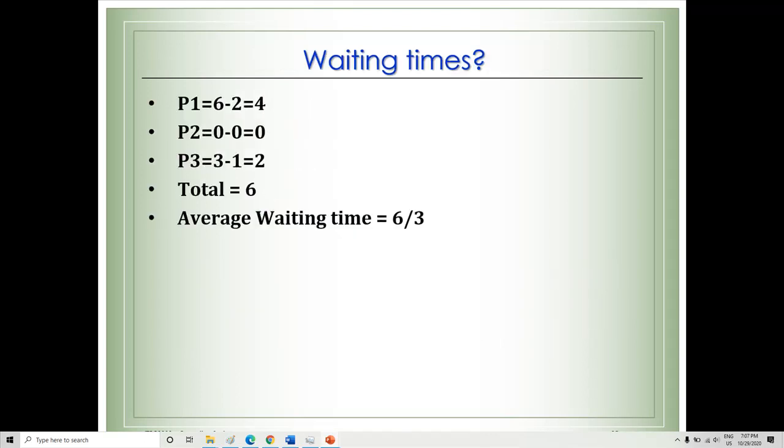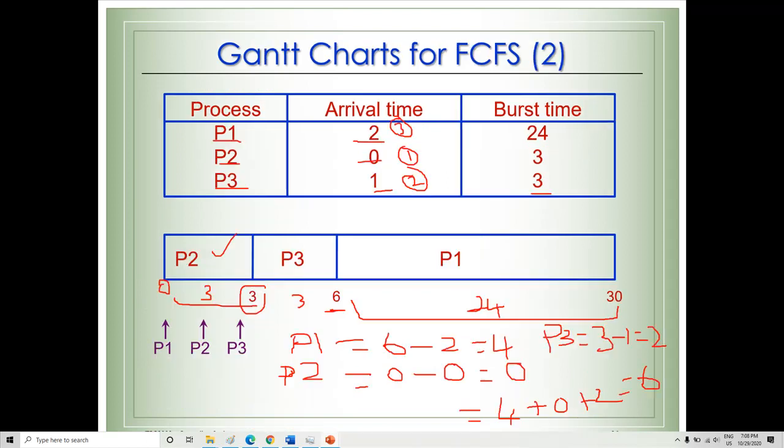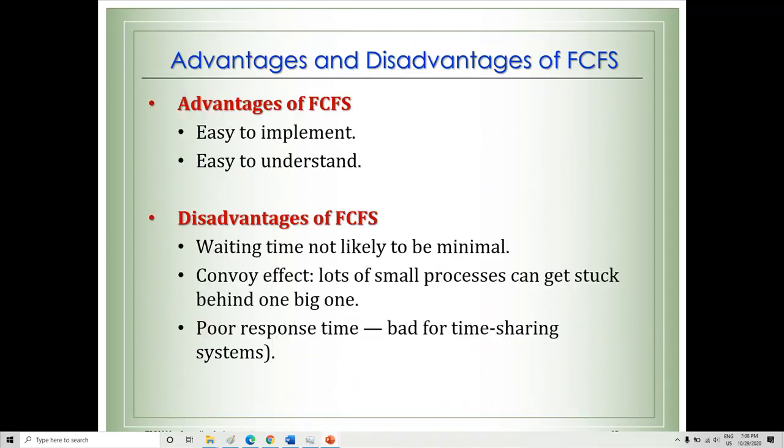So what does this mean? Process 1 in the first example is getting the CPU first, right? P2 and P3 are very small, but they have to wait a long time to get the CPU. They are waiting a long time behind a big process. So this is called the convoy effect.